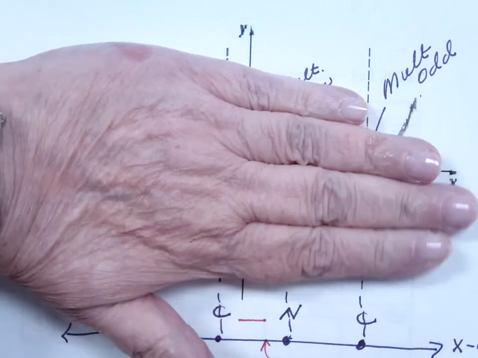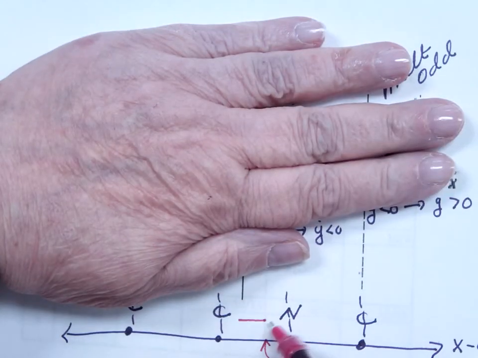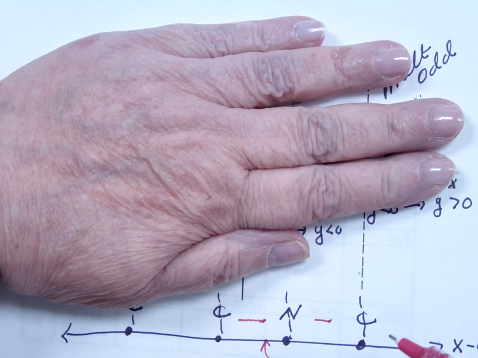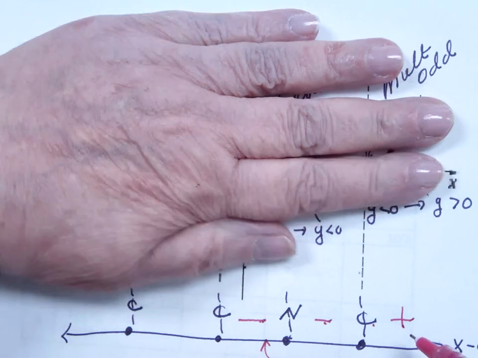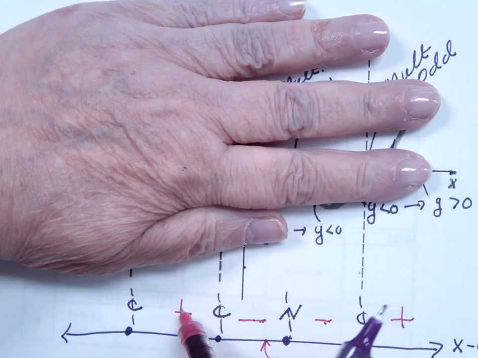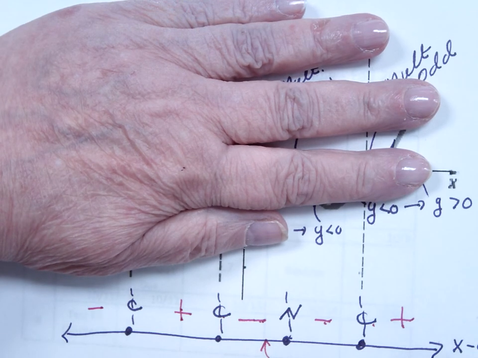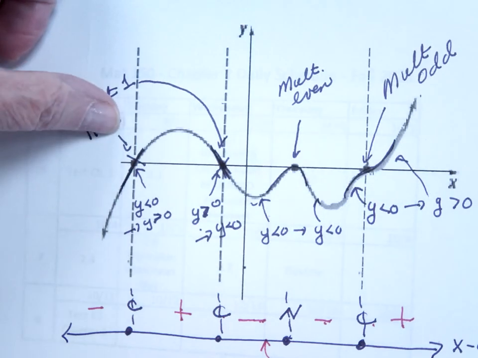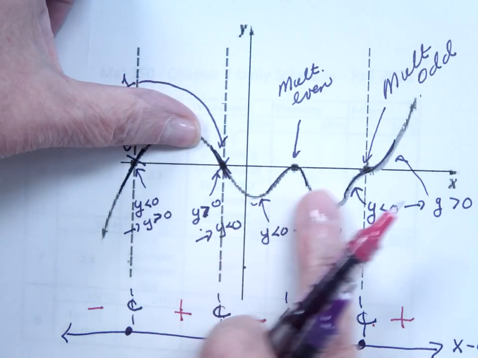Now, without looking at the graph, there's no change. Negative stays negative. Negative changes to positive. Negative changes to positive. Positive changes to negative. Below, above, below, below, above.